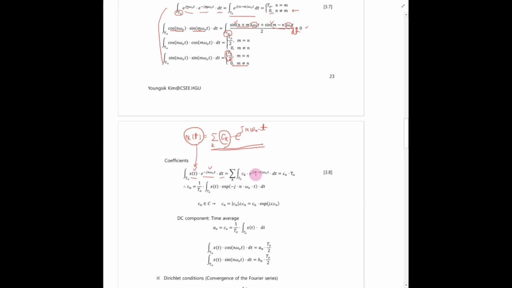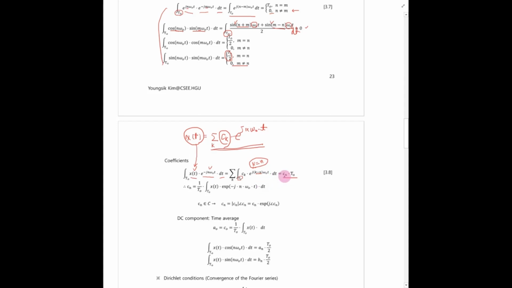If k is not equal to n, it's 0. If k equals n, then c_k times T0: it has a non-zero value only when k equals n. Then c_k becomes c_n, and the exponential goes to 1, so integrating over T0 gives the T0 value.